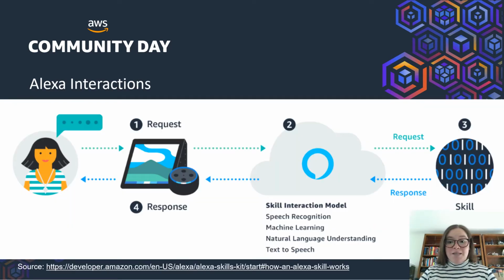This diagram here is an example of an Alexa interaction. So the user speaks to the device, which figures out what the user is requesting, and then calls the relevant skill or API, which then returns the relevant data for the user, which the device returns. And then that may require some more input from the user, or that may be the end of the interaction.